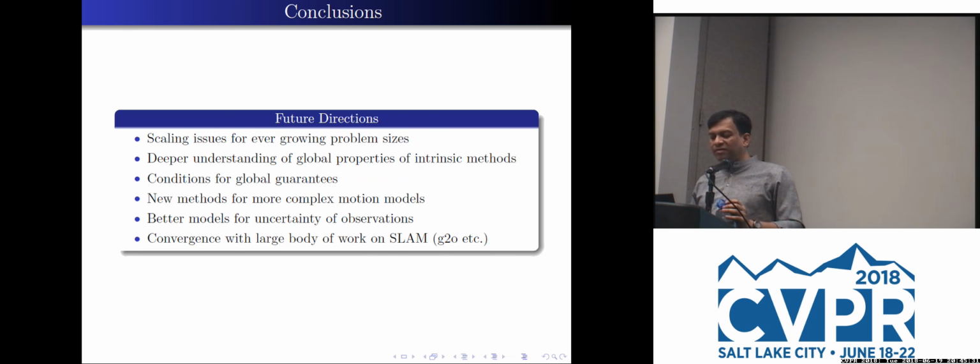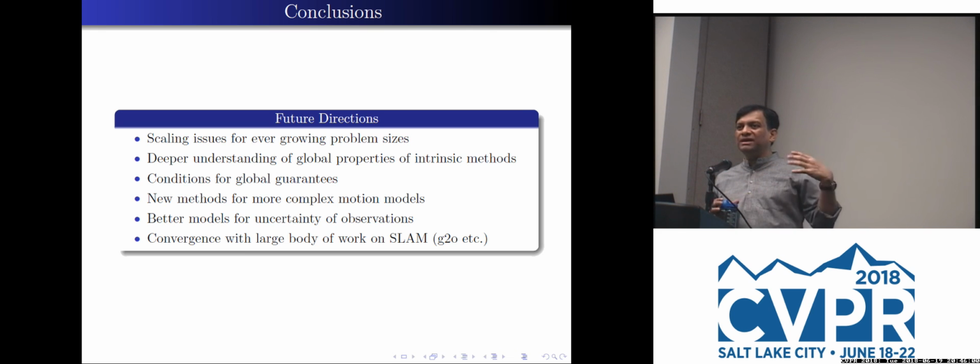There still are obviously important questions that are open, or at least of interest at this point. One is scaling, right? Everyone wants to solve bigger and bigger problems, so scaling is still an issue. But we also need a deeper understanding of the global properties of intrinsic methods. Intrinsic methods have the elegance of the Lie group structure, but they're kind of hard to analyze.